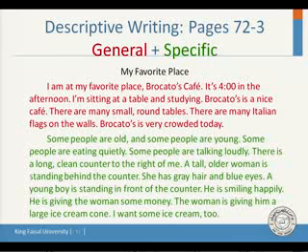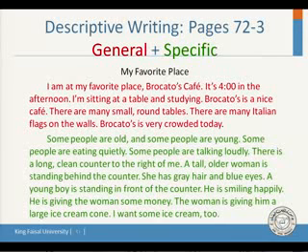Let's see an example here. The same paragraphs from the other slides and from the last lecture also. I am at my favorite place. Now this is a new paragraph, in fact. You can see we have two paragraphs. One is red and the second one is green. The first one is general and the second one is specific.